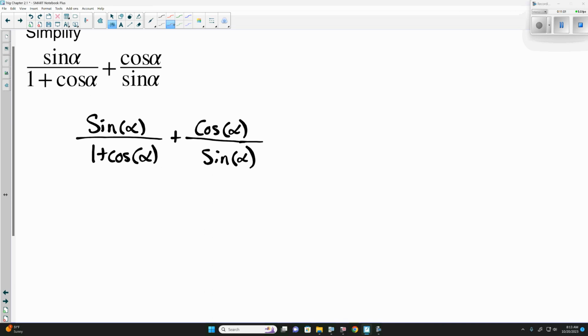Now, this one's kind of nice because the left side's denominator has 1 plus cosine of alpha. So I'm going to multiply 1 plus cosine of alpha on the right.